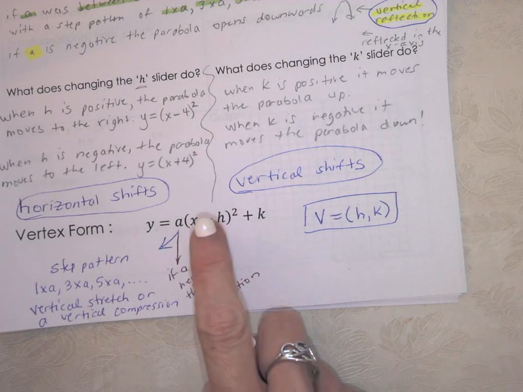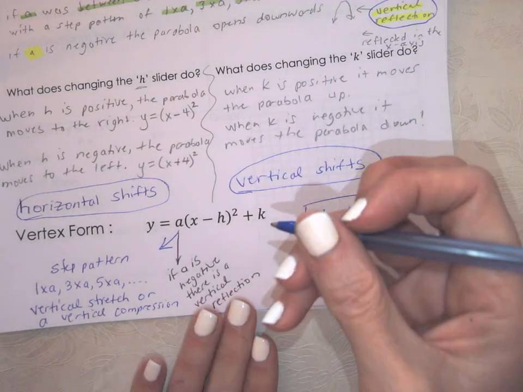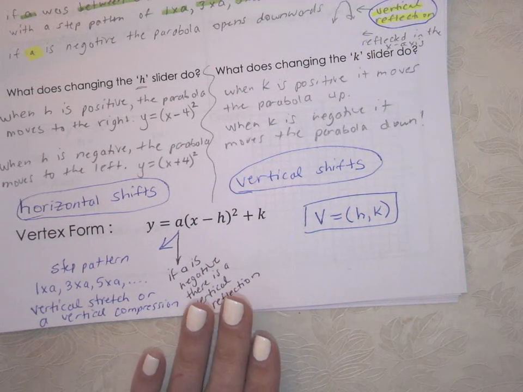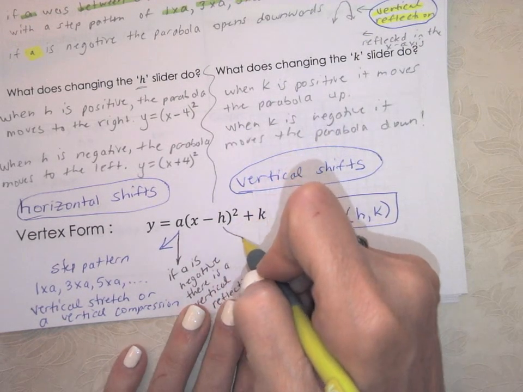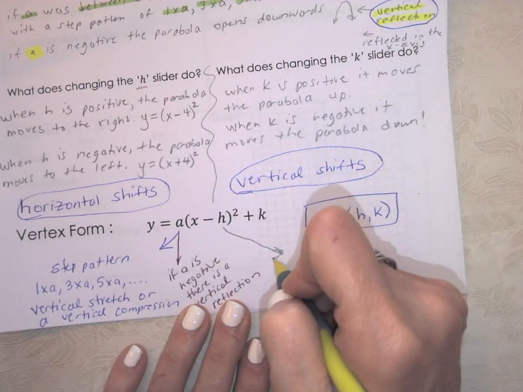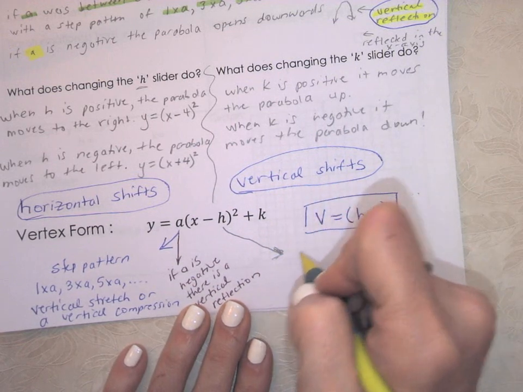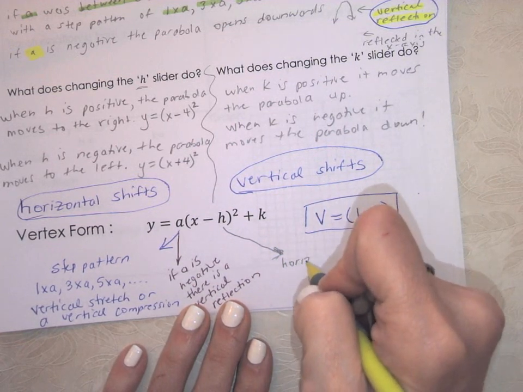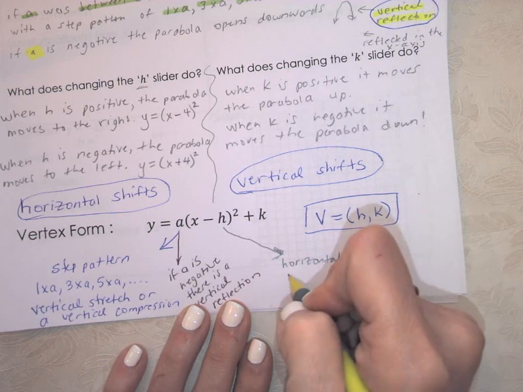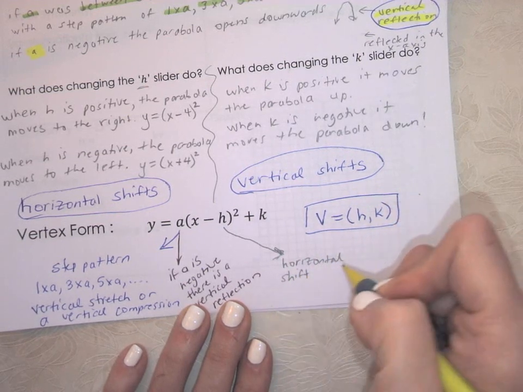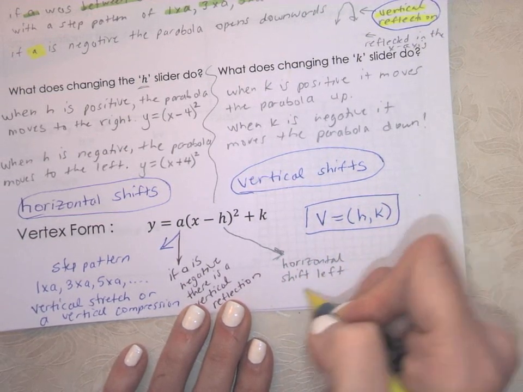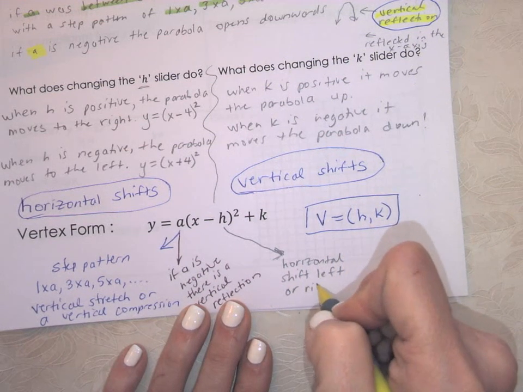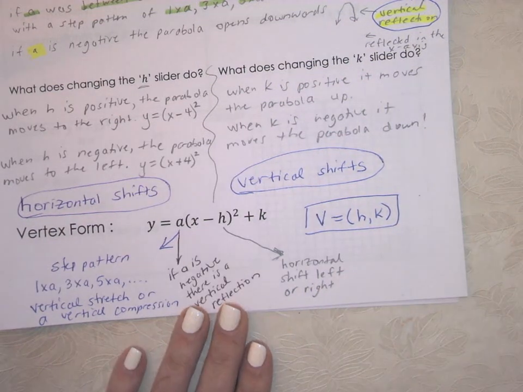And then we have our H, and that's our shift left and right. Let's do that in pencil. So what does H do? Horizontal shift. Left or right. And then what does K do?